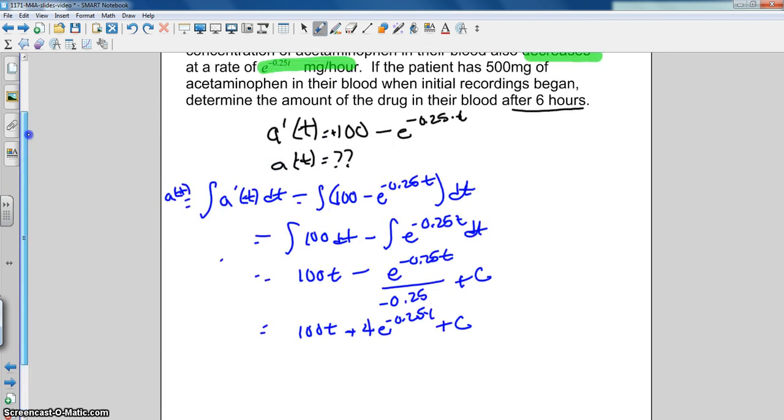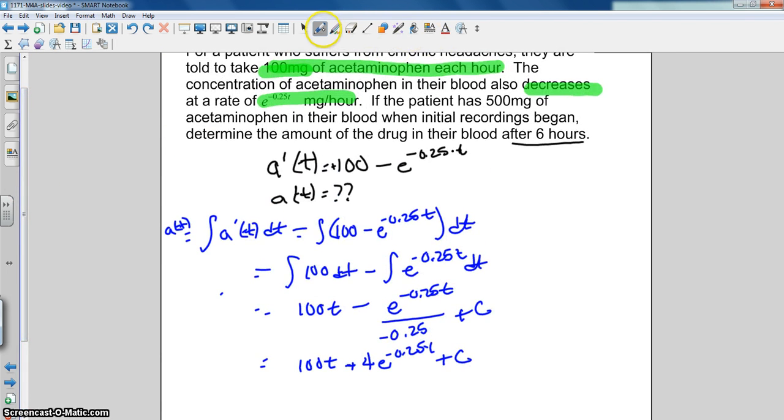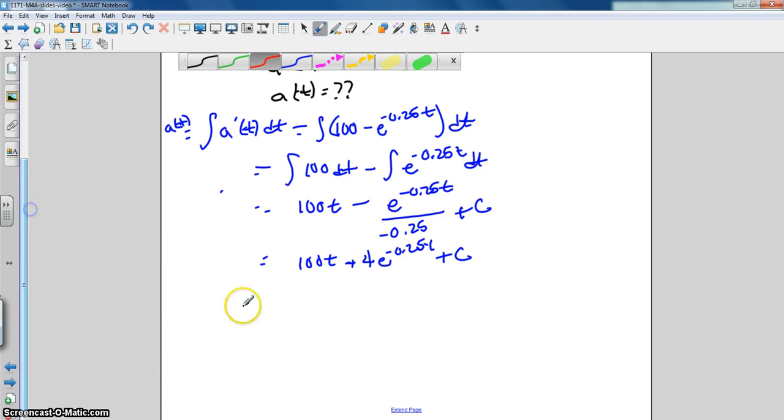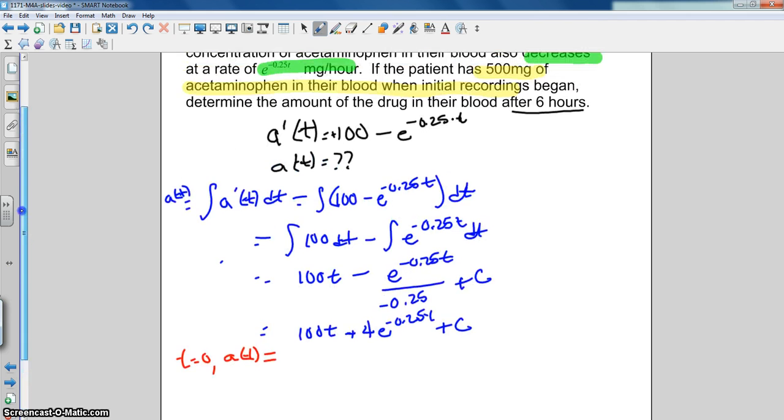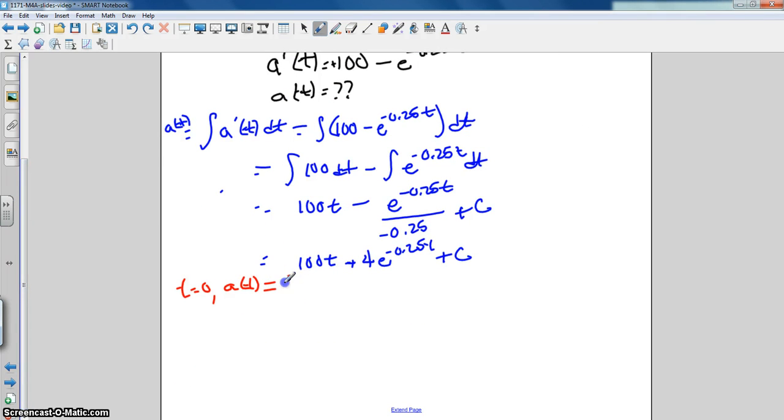And I'm given one more bit of information. I'm given that they have 500 milligrams in their blood initially. So that means that when t is 0, A of t is 500.